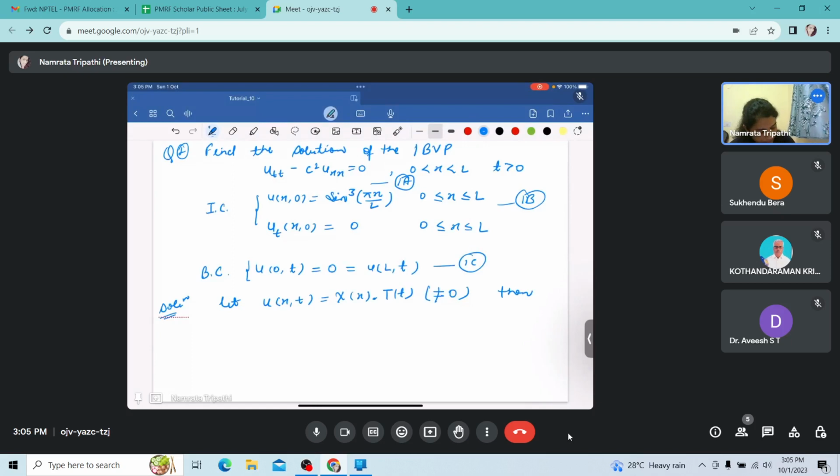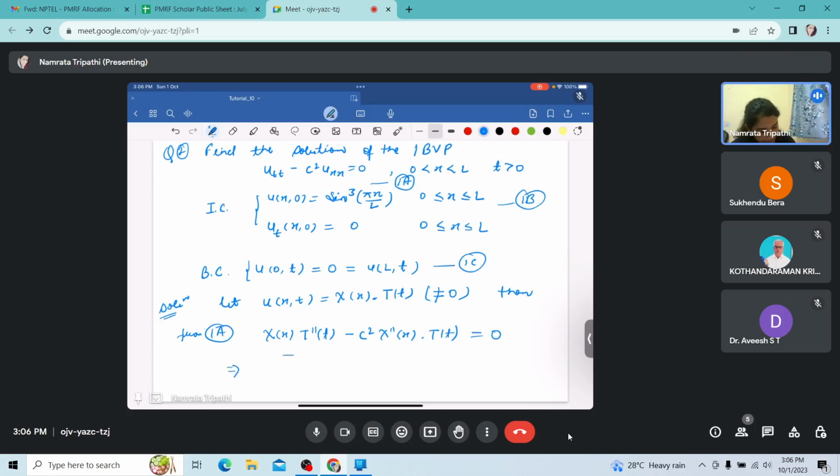So can we write X(x) T double dot minus c square, when we partially differentiate with respect to x, then we will get c square X double dash(x) into T(t) is equal to 0. Fine.